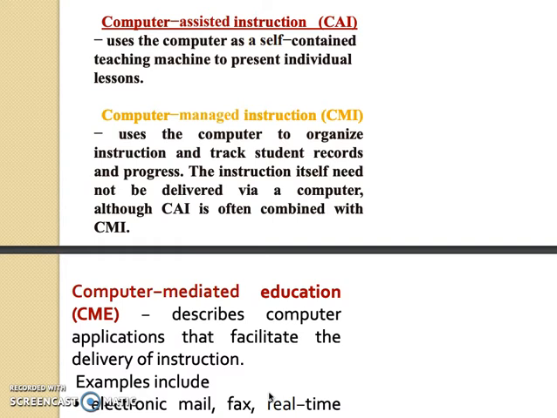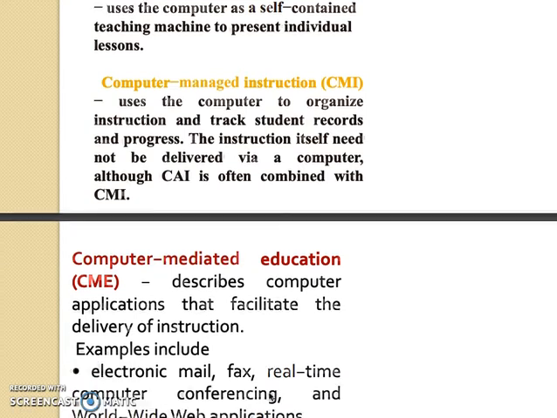The second type is computer-managed instruction, where the computer is used to organize instruction and track student records and progress. The instruction itself need not be delivered via a computer. Also, CAI is often combined with the managed instruction.